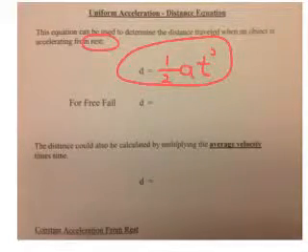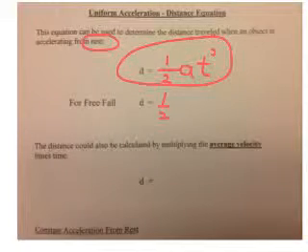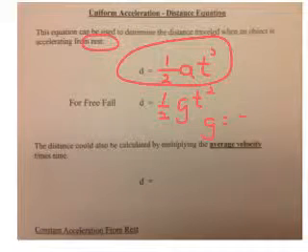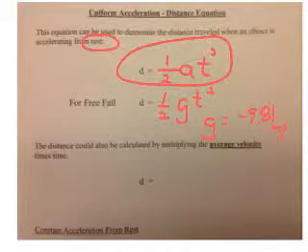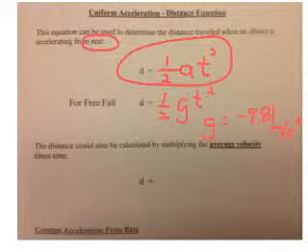Now when we're doing free fall, which implies gravity, gravity is the accelerator, so you can specialize and say the distance or displacement for free fall is 1/2 GT squared, where G is our negative 9.81 meters per second squared. So that's the same equation except you're plugging in the specific negative 9.81.